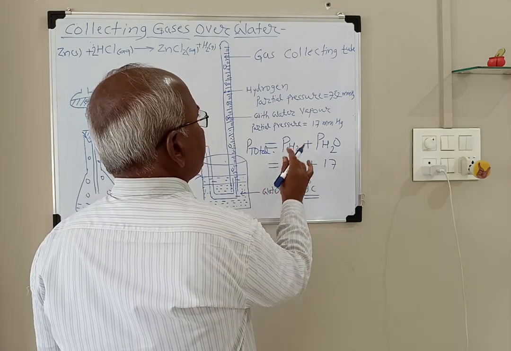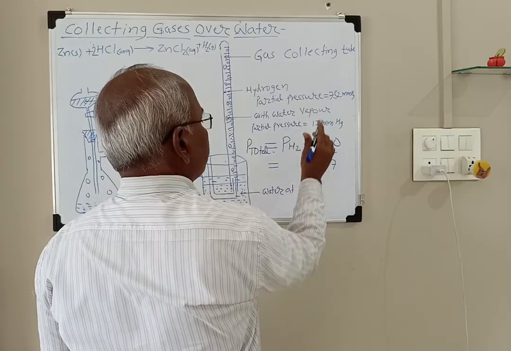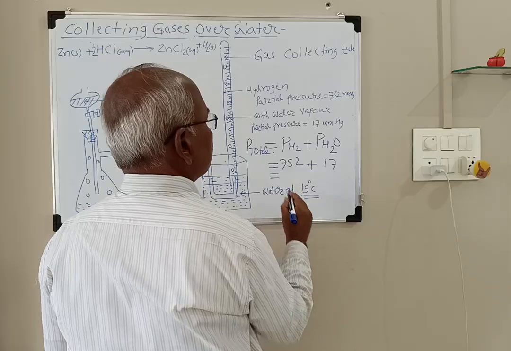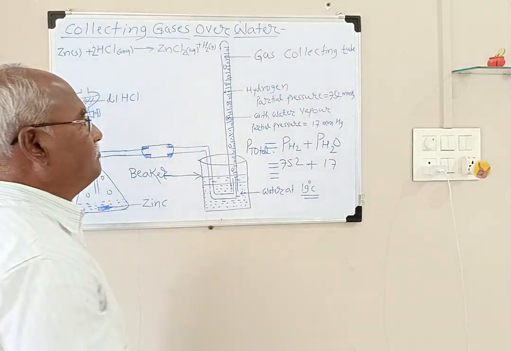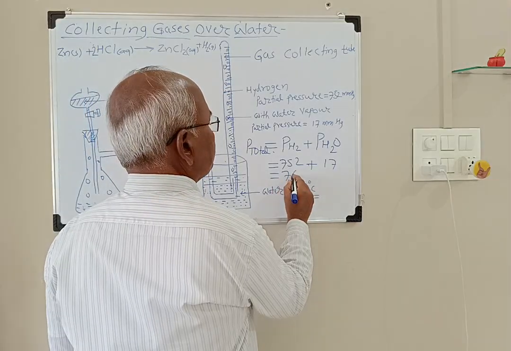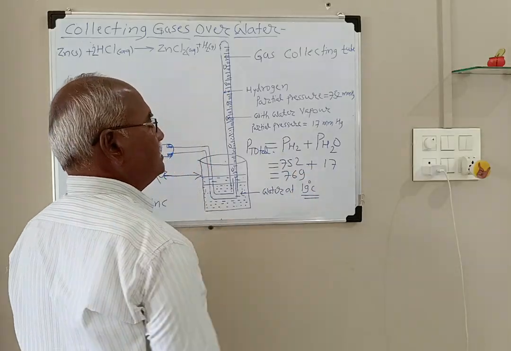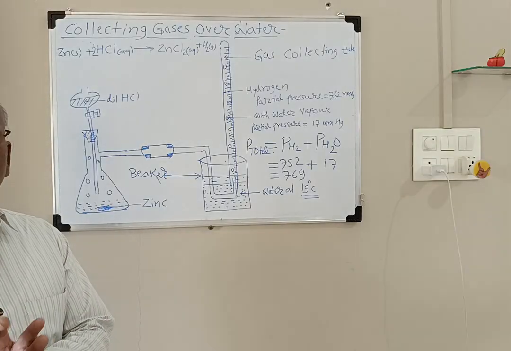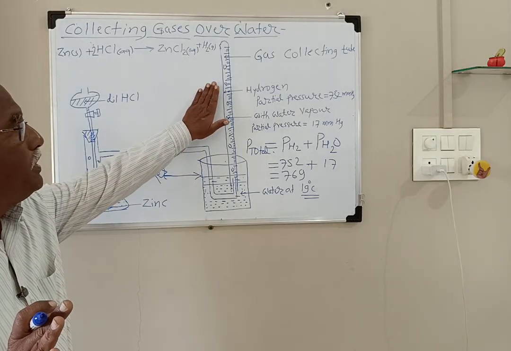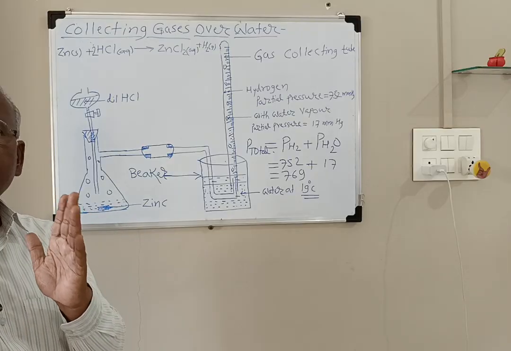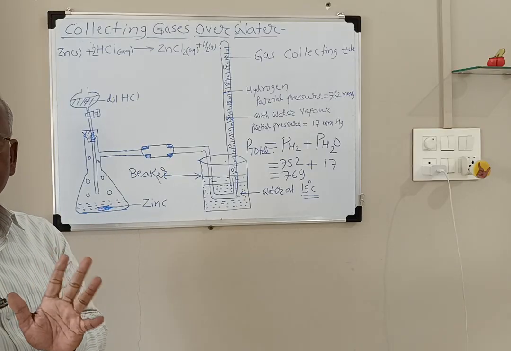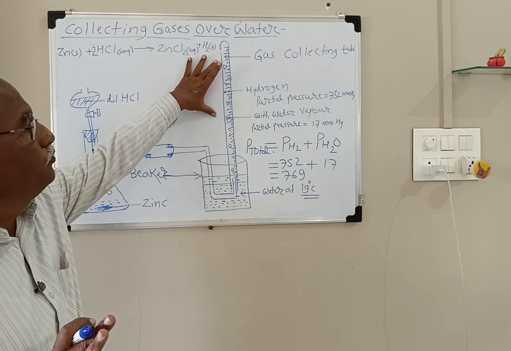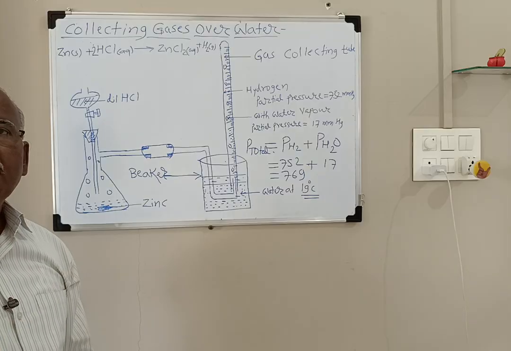And partial pressure of hydrogen is 752. That is equal to 769.